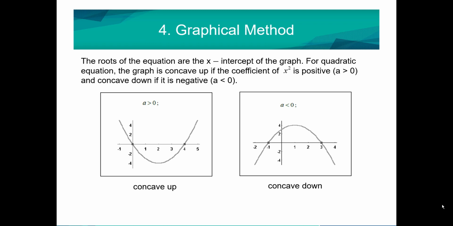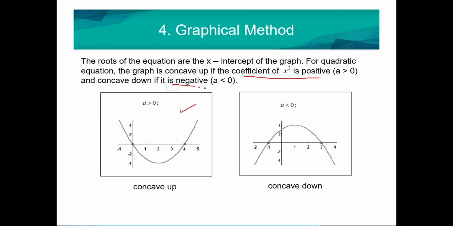Alright, the last method to identify the roots of a quadratic equation is by using the graphical method. The graph of a quadratic equation is either a concave up graph or a concave down graph, either a smile graph or a sad graph. So how do we identify the smile or the sad graph? If the coefficient of x squared is positive, you are going to draw a smile graph.